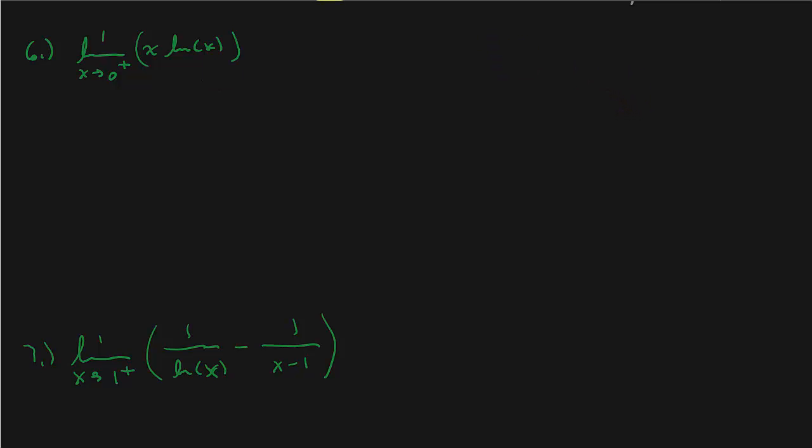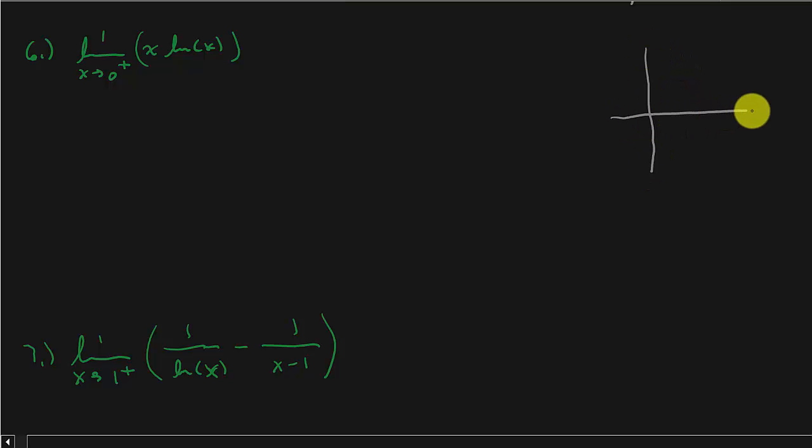So if I look at the graph of natural log, that looks like this. And you can see as I'm coming into 0 from the right hand side, natural log is going to negative infinity. All right. So I've got 0 times negative infinity.